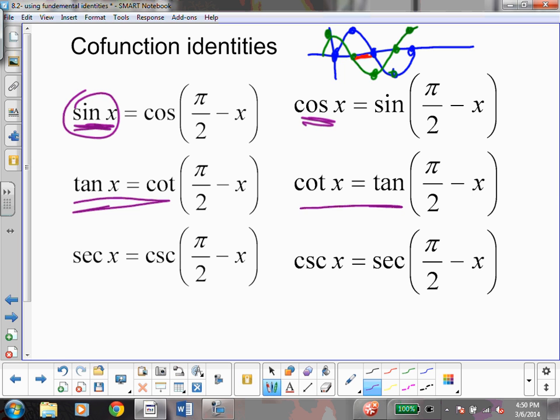Tangent and cotangent have similar properties. The tangent is the cotangent of pi over 2 minus x, and the cotangent is the tangent of pi over 2 minus x as well. And secant and cosecant follow those same properties. Make sure these are in your notes because we will reference them in the future.